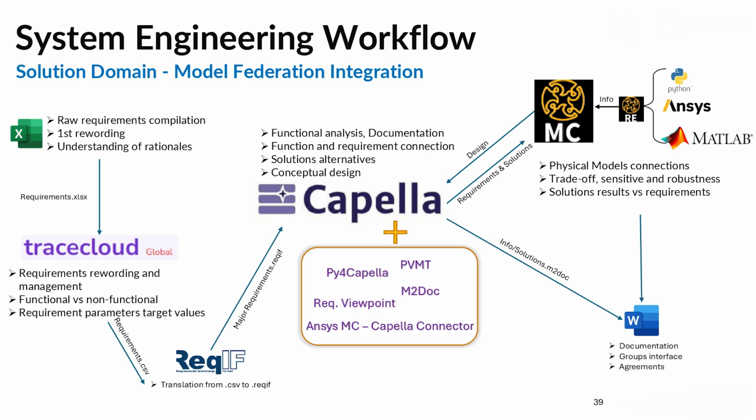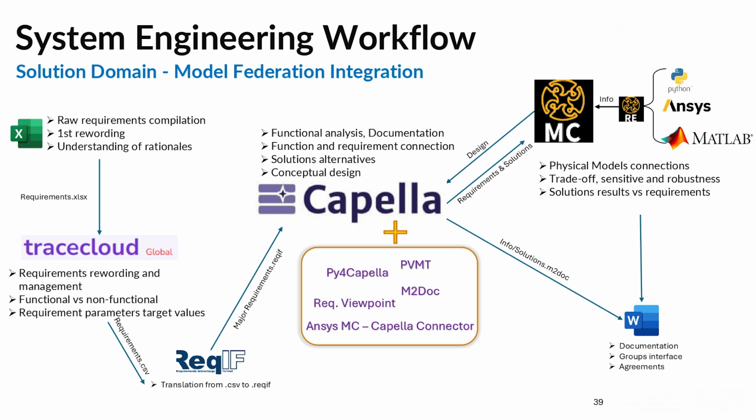We are mostly trying to implement these to guarantee that we are getting the conceptual design right. We are dealing with the right models. We are doing trade-offs. We are using ANSYS Model Center, where we are able to get together models in Python, ANSYS, MATLAB, and other sources, running in synchrony, and to compose a whole model.